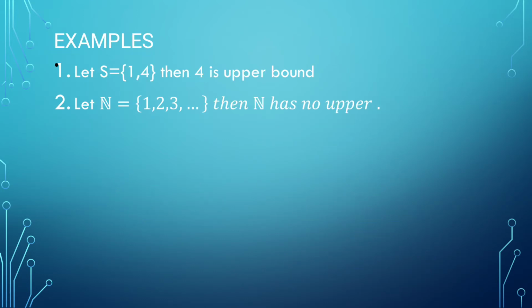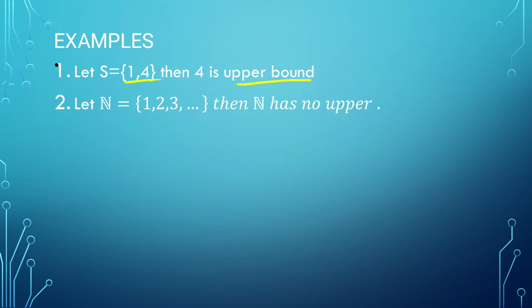Let's look at this example. If this is our set S, we have only two elements here, 1 and 4. It is obvious that the highest possible element in this set is 4, and therefore 4 becomes our upper bound.